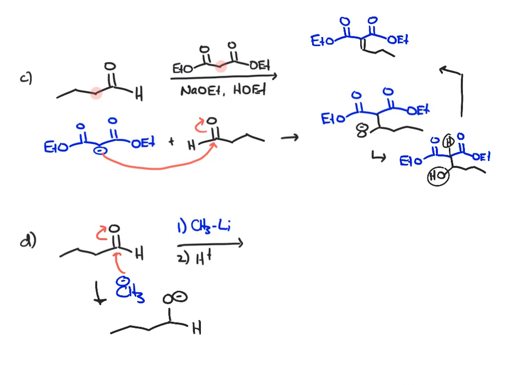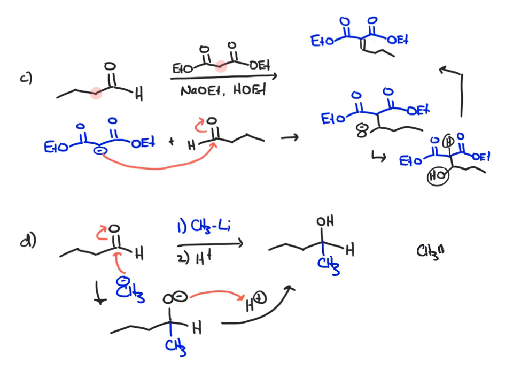So we get O minus, we've added the methyl group, and then when you protonate with H plus, that protonates the oxygen. So that would also be the product if you used methyl magnesium bromide. It would be a Grignard reaction.